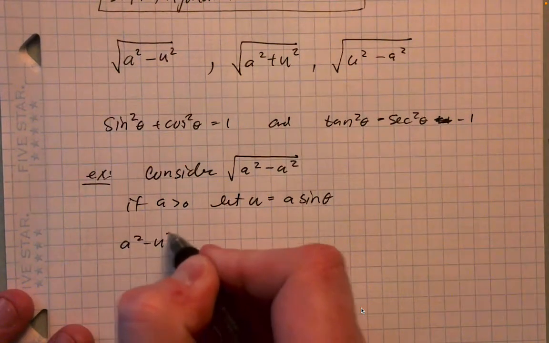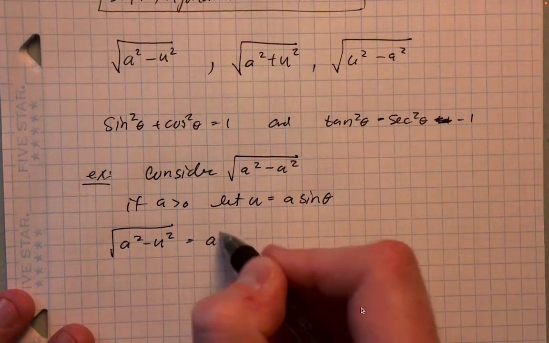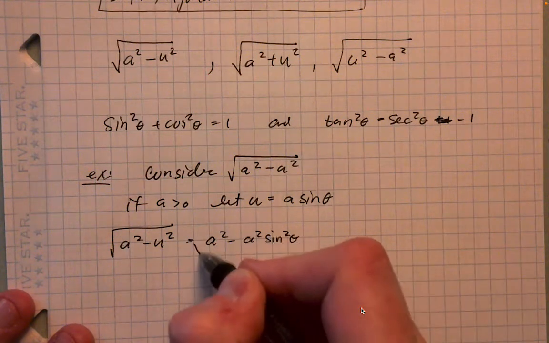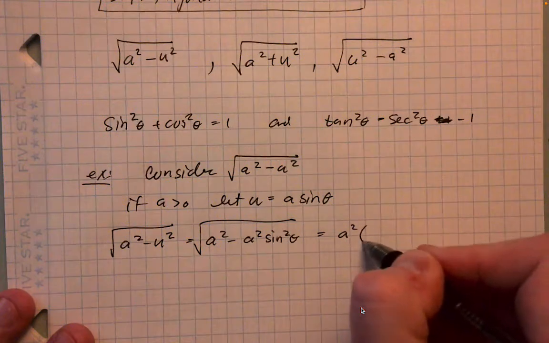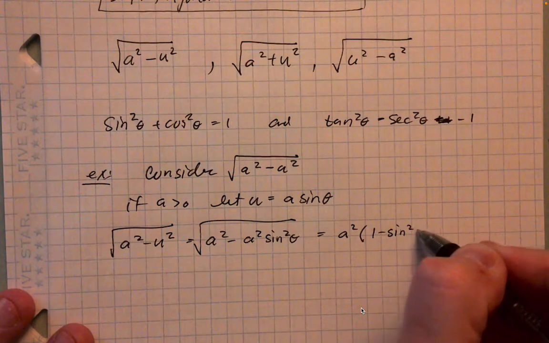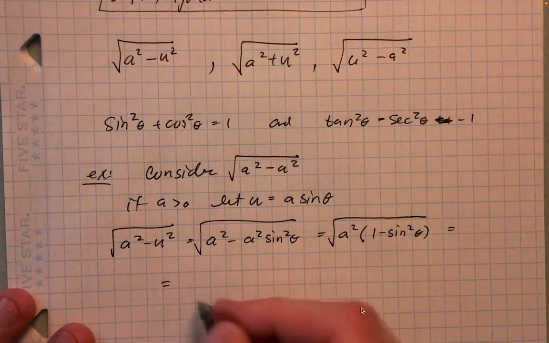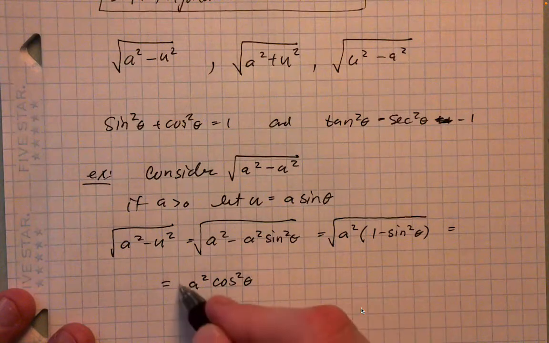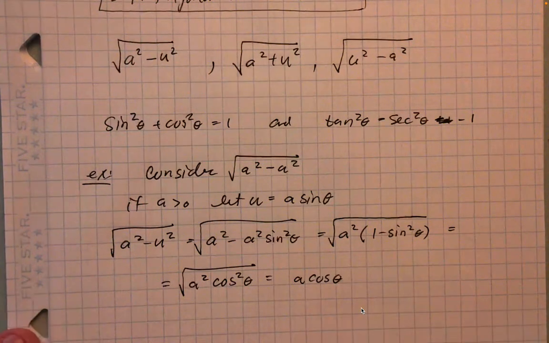The square root of a squared minus u squared is equal to the square root of a squared minus a squared sine squared theta, which is equal to a squared times 1 minus sine squared theta, which is equal to a squared times cos squared theta, which is just a cos theta, right?